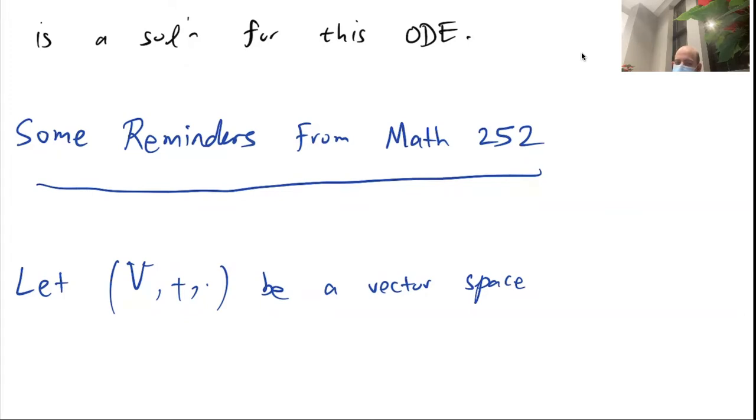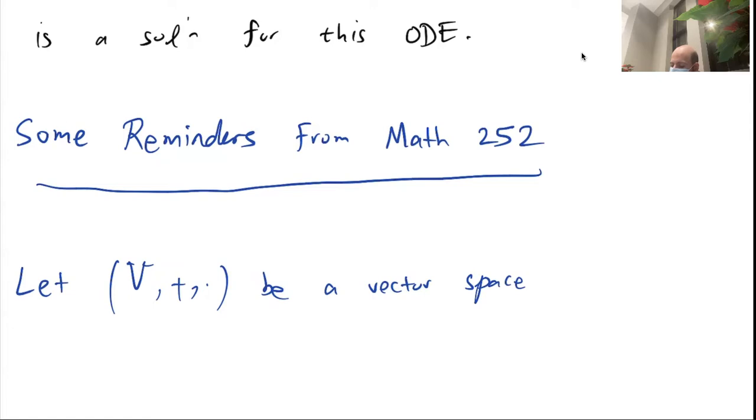The most standard examples of vector spaces are R2, R3, R4. But those are not the only vector spaces in the world. There are other vector spaces as well, such as the set of continuous functions or the set of polynomials.